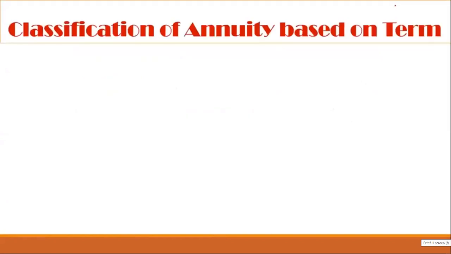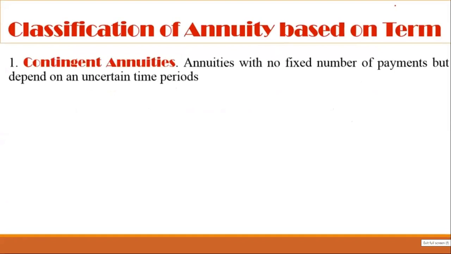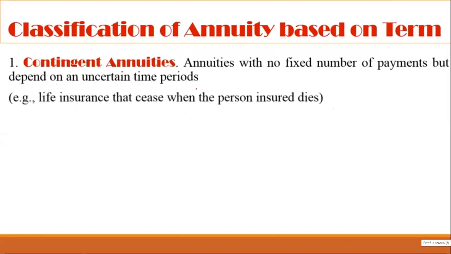We have the classification of annuity based on term. We have the contingent annuities. These are annuities with no fixed number of payments but depend on uncertain time periods. For example, life insurance that stops when the person insured dies.